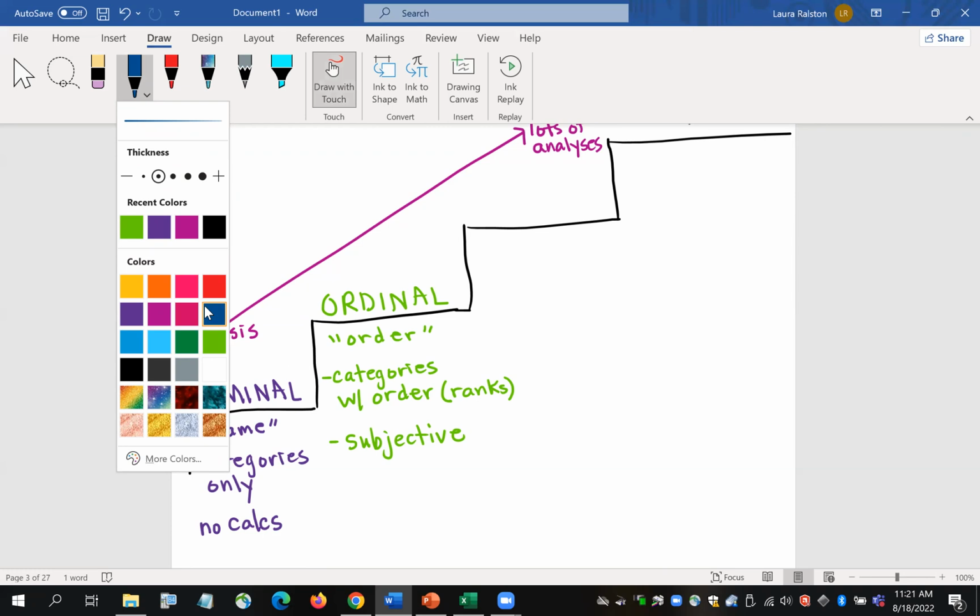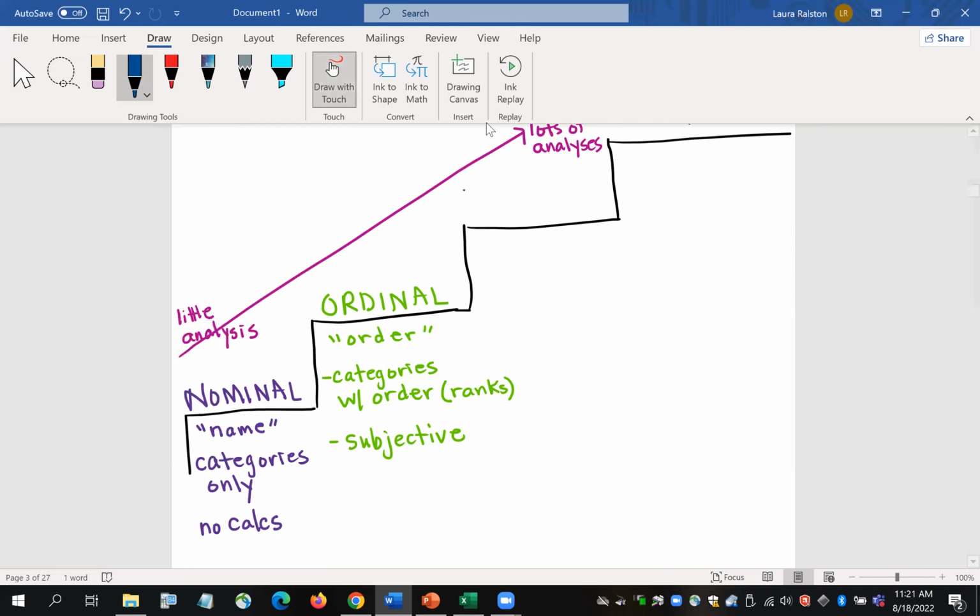Now, one thing I want to point out is that for these first two levels, I'm going to draw a big line right here in the center. Those two levels apply only to qualitative data. The type of data, whether it's qualitative, quantitative discrete, or quantitative continuous, is connected to the level of measurement. If it is qualitative, then it is either going to be nominal or ordinal.